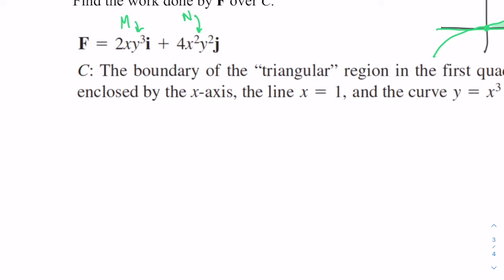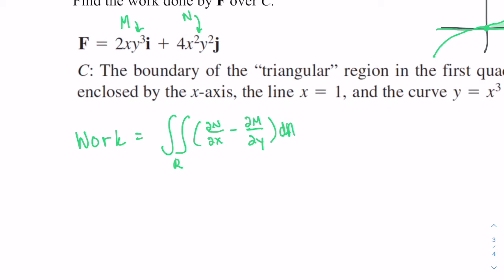So we know we're doing the exact same process. So work, right, is going to be equal to the double integral over R of dN/dx minus dM/dy over the area differential. And so now we just need to plug everything in.